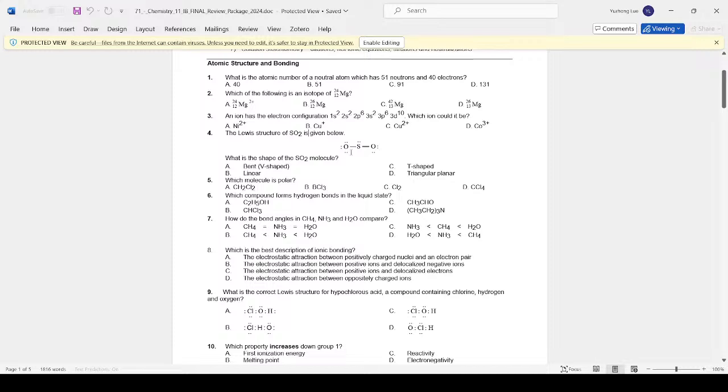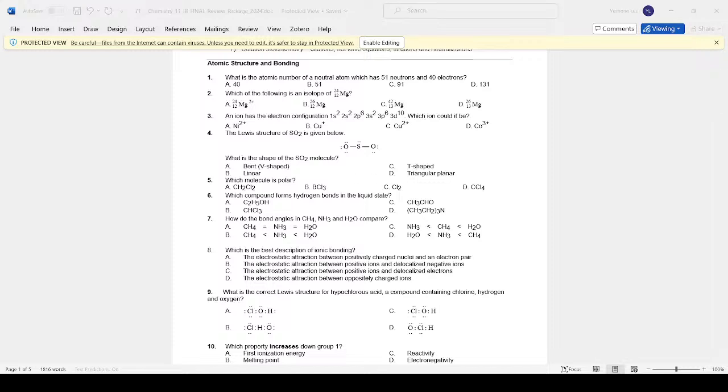Lewis structure. What is the shape of the SO2 molecule? This should be triangular planar. Yeah, which molecule? Wait, no. Bent?